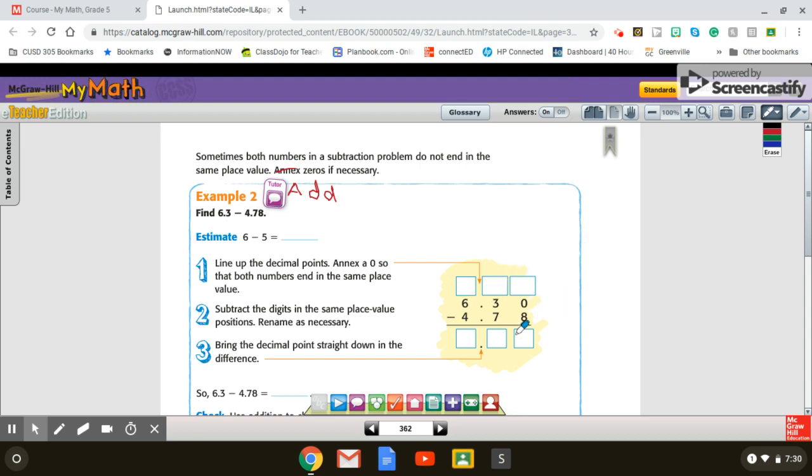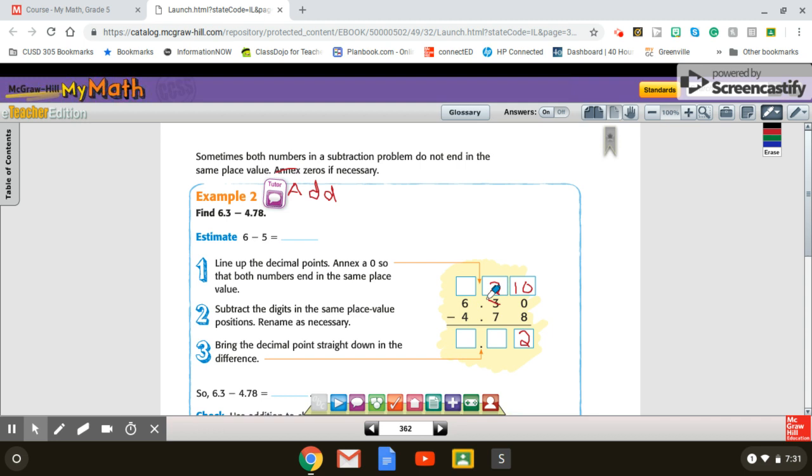We cannot take 8 away from 0, so we borrow, making this a 2. We bring the 1 we borrowed from the 10s over here and make it 10. 10 minus 8 equals 2.